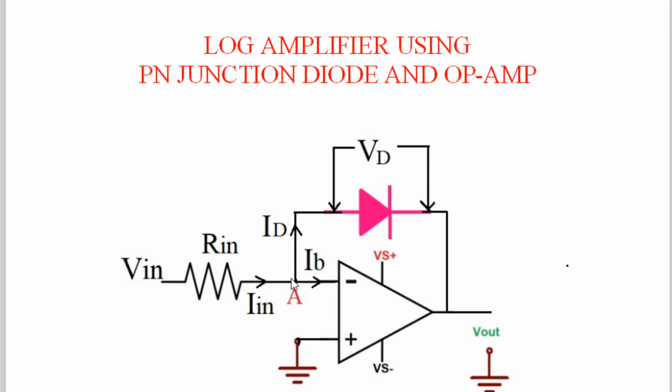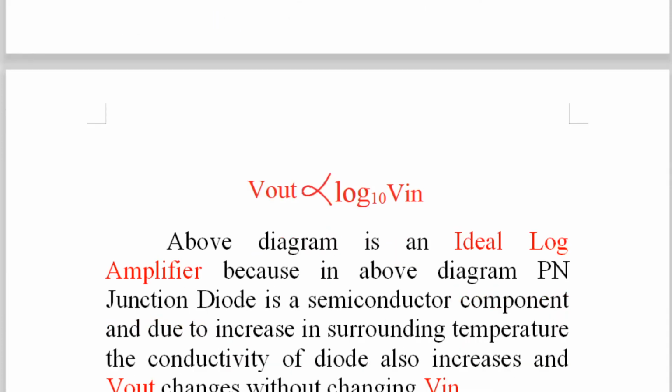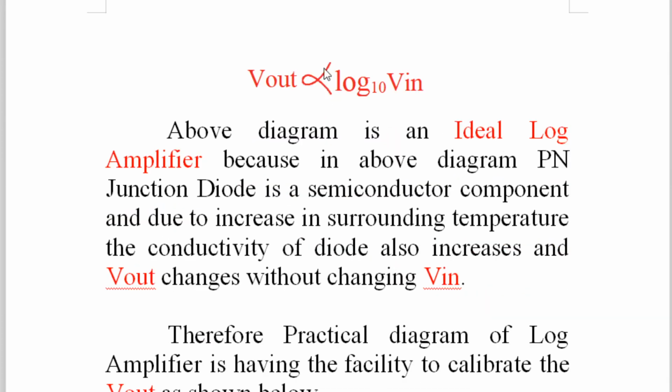In the feedback, instead of using a feedback resistor, we have used the diode, and that is why the circuit gets converted into a log amplifier. So here the PN junction diode works as a log element, and the output Vout is directly proportional to the logarithmic term of the input Vin.